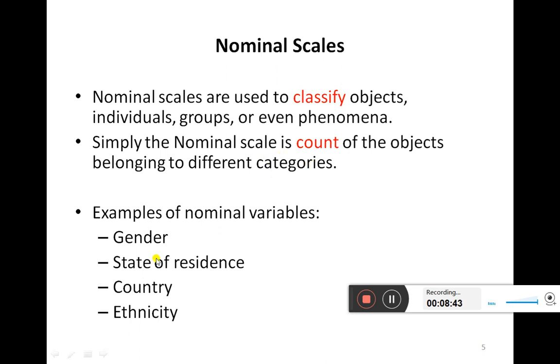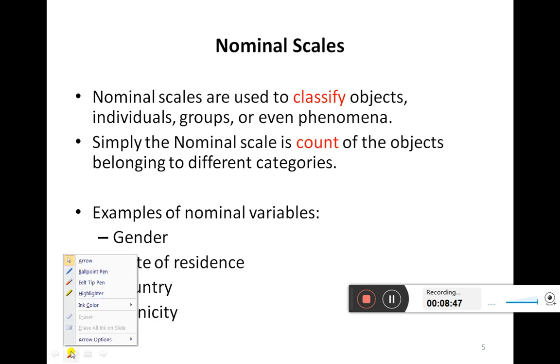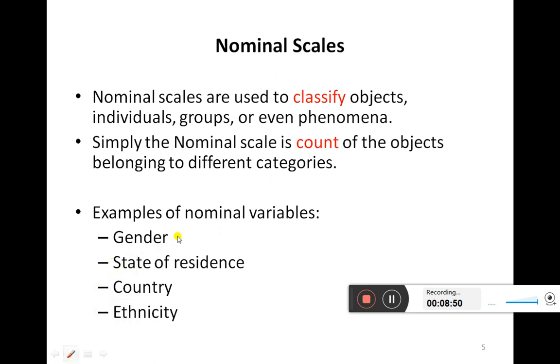The example is gender. Look here, gender: one is male and another is female. This gender is a variable, but it is a nominal variable.